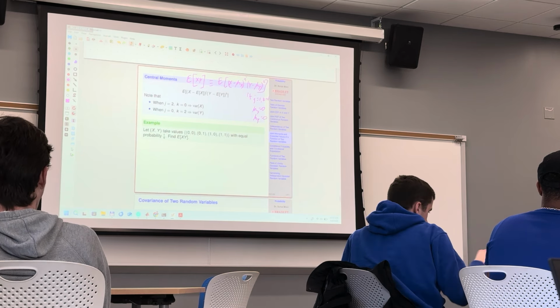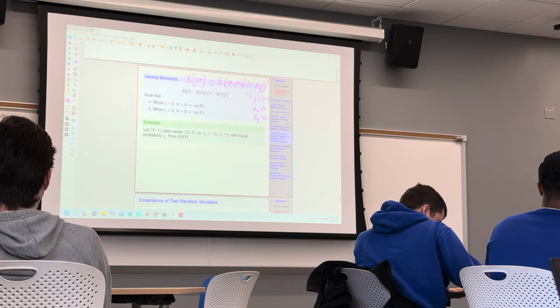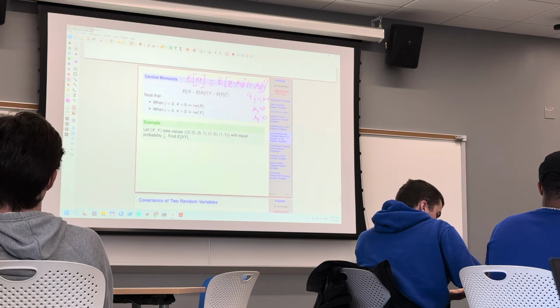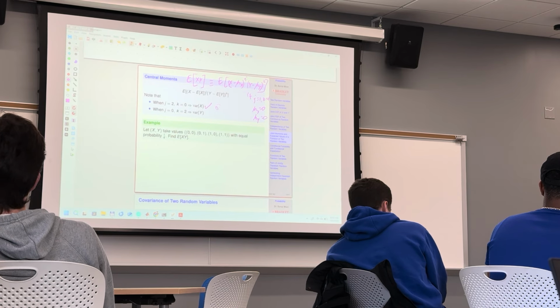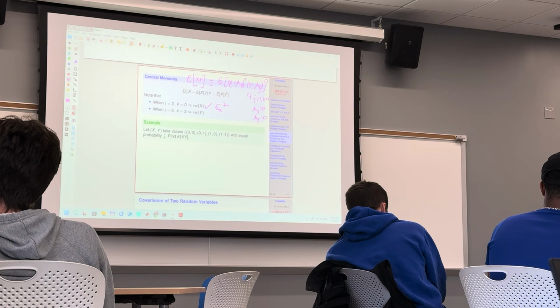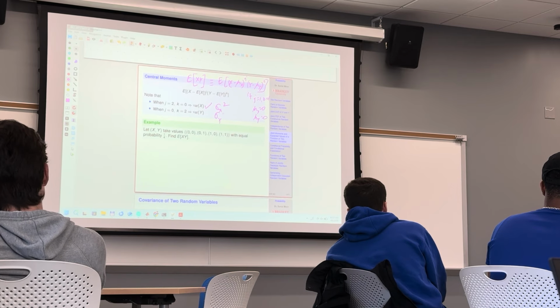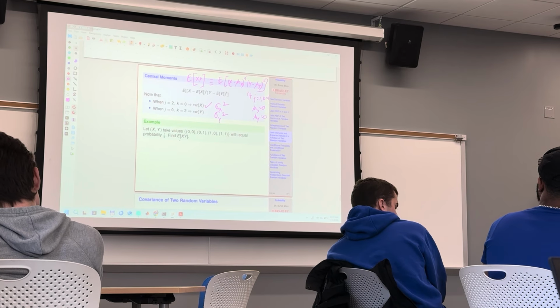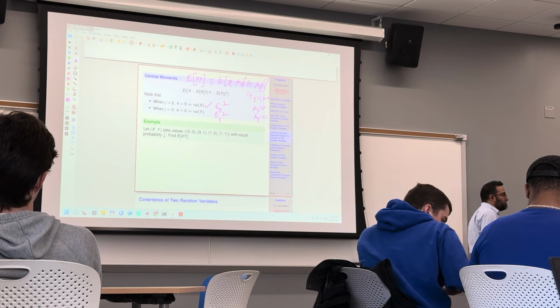But if this condition is not true, then you call it central moment. So there are different variations. Note that when j equals 2, k equals 0, it becomes variance of x, which means sigma x squared. And when j equals 0, k equals 2, it becomes variance of y, or you have standard deviation, which is sigma y.